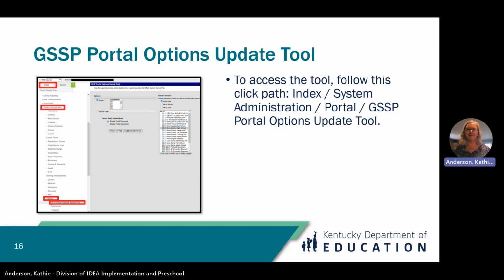So rather than having to turn them on one at a time, you can turn on students to be viewed in the portal all at one time. To access this tool, follow this click path: Index, System Administration, Portal, GSSP Portal Options Update Tool. And again, remember, in order to see this tool, you have to have access from your case's contact.